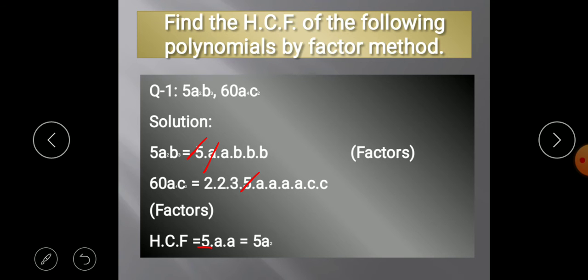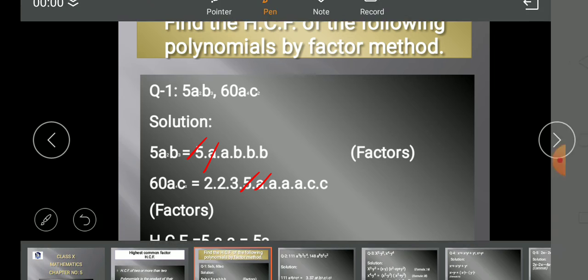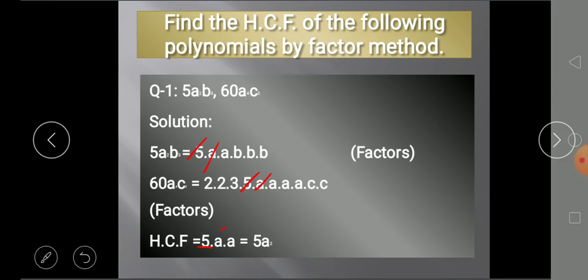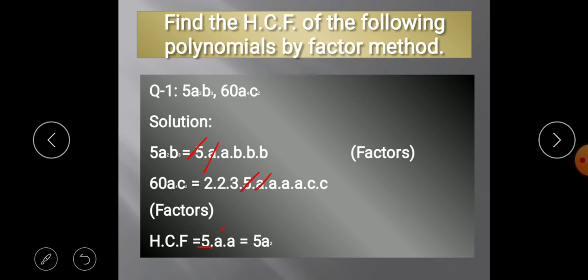This a is common, so I wrote down here a, and again a is common, so there is a second a. Now there is no other term which is common in these two polynomials' factors. That's why 5a square will be the highest common factor.